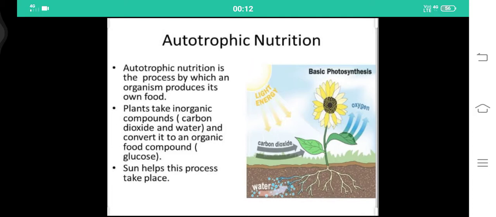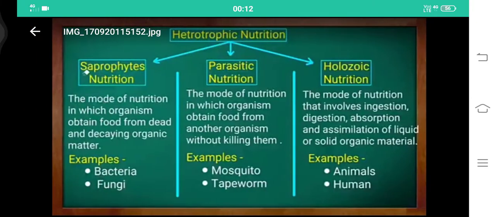Then, what is the role of sunlight? Okay, let us understand. There are three very important stages in photosynthesis. In lower classes, you have studied the definition of photosynthesis. But in this class, photosynthesis takes place in three major steps. Clear? Very important question they are going to ask you, children.